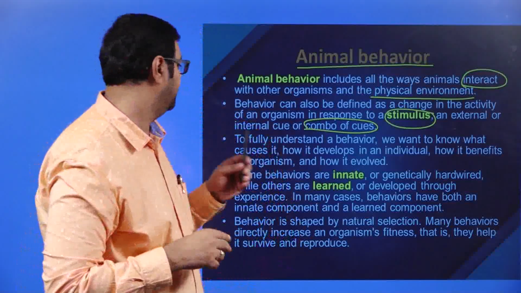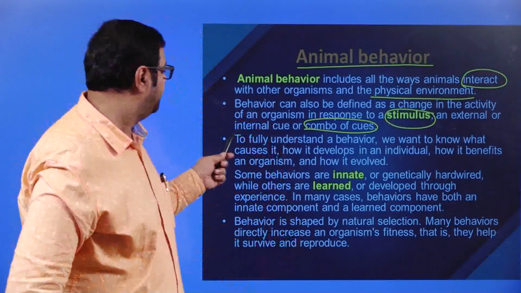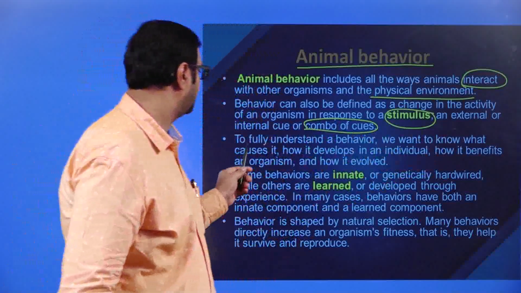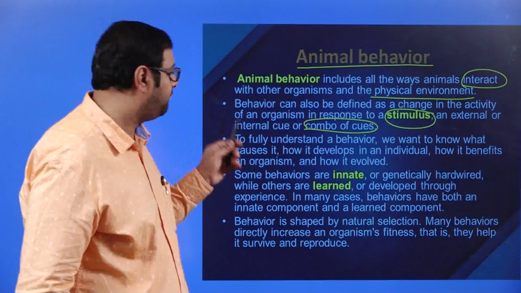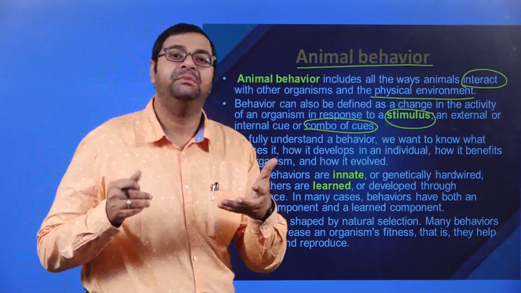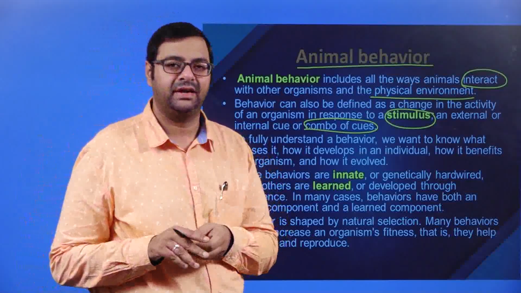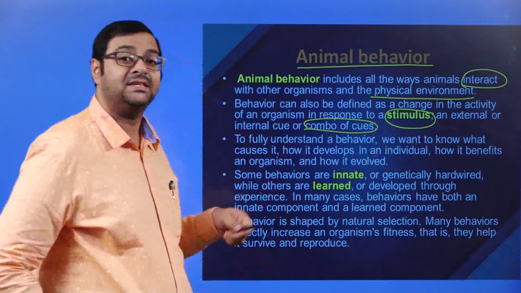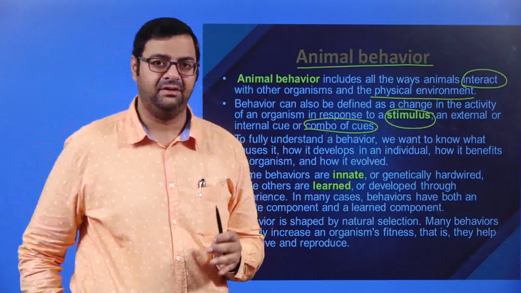Moving on. To fully understand a behavior, we want to know what causes it. If we want to understand the behavior of a particular organism, we have to know what factor is causing that particular behavior.